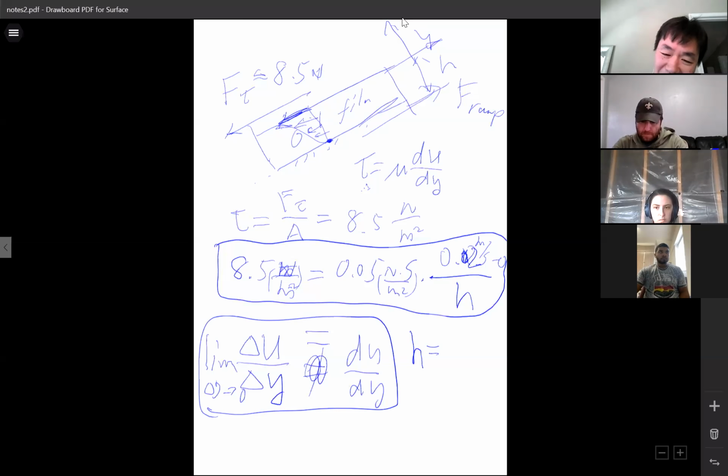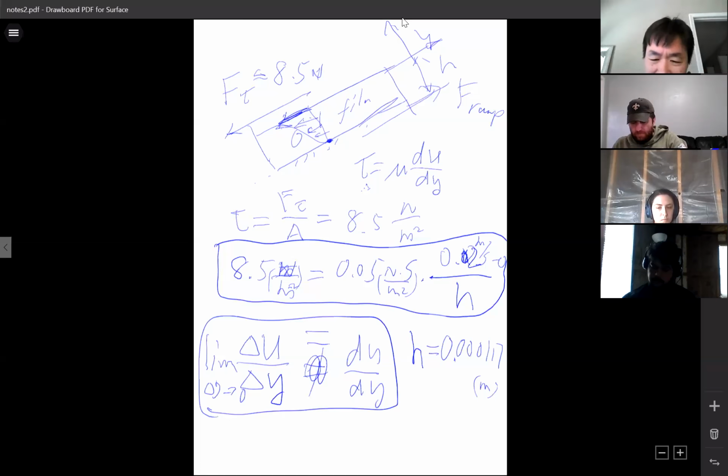It's 0.000117 meter. So how many millimeters is this?